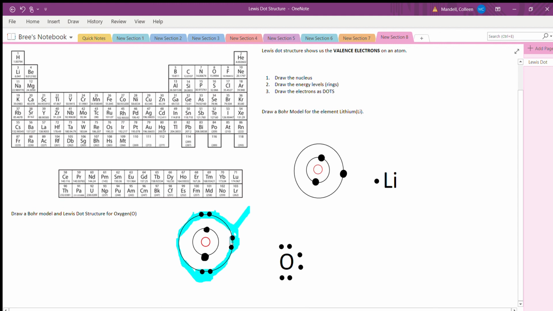So I just took those valence electrons, and I brought them over here. And I put them around the element symbol, which I got from the periodic table. I did the same thing with lithium. Only 1 valence electron on that outside shell. I took it, and I brought it over to lithium. That's the whole thing with Lewis dot structures. You're just showing valence electrons.